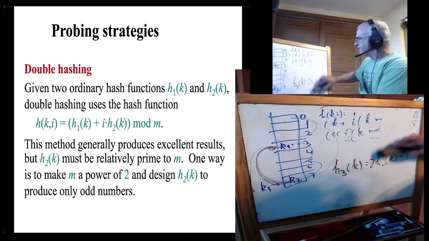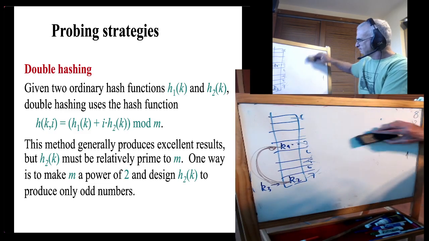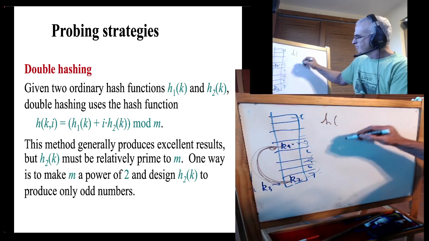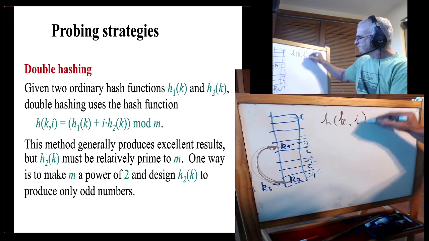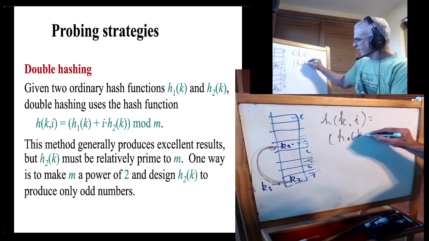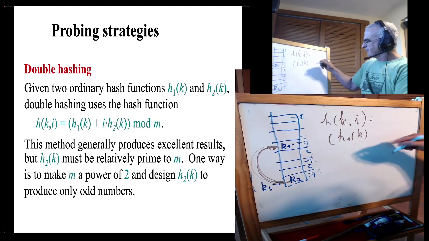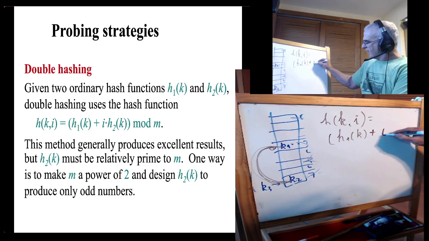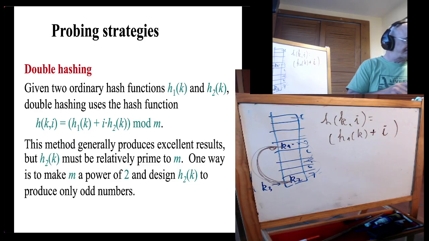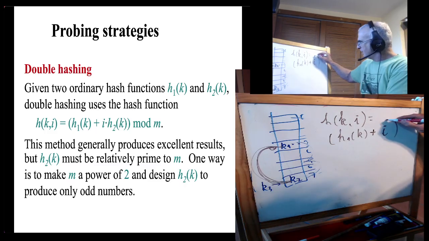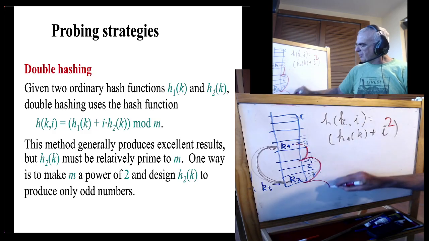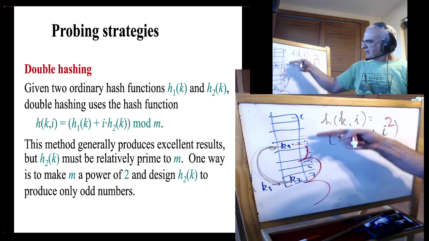And the last function in this sequence, which we had on a previous slide, would be h of k and i, which is h1 of k, for example the dot product, plus i, just as before. So far it's linear probing, but now I'm changing it to be i squared. So the jumps that I'm doing are becoming larger and larger.